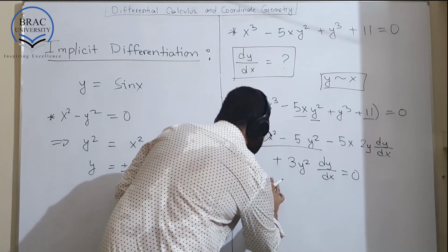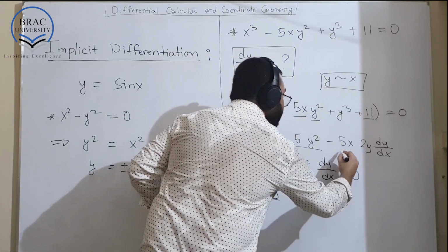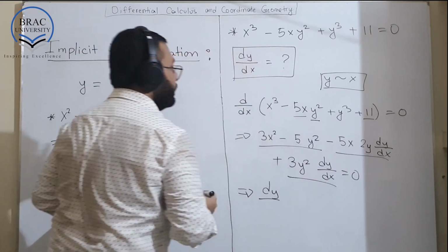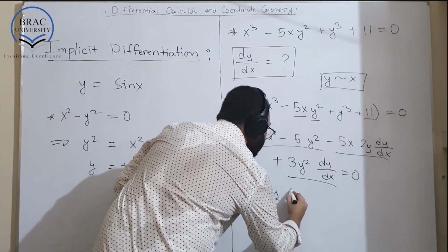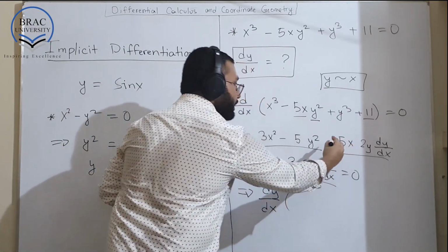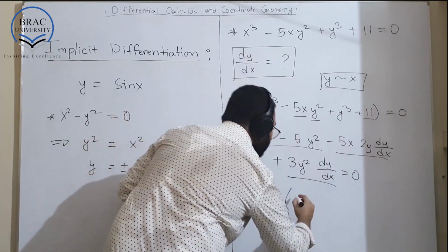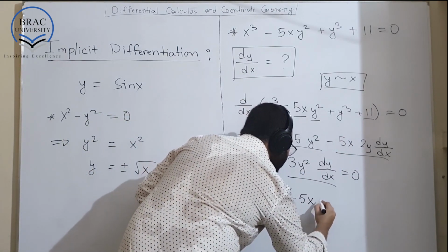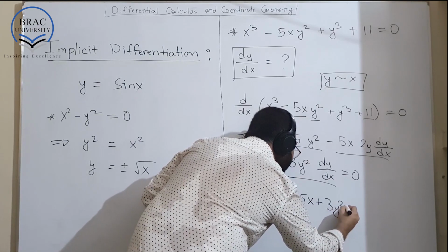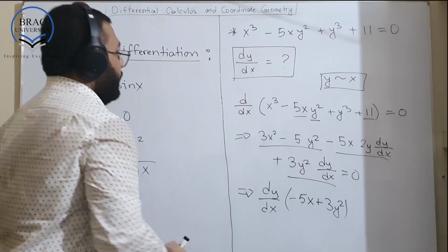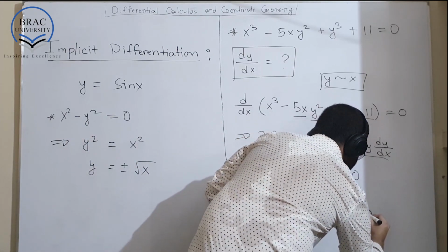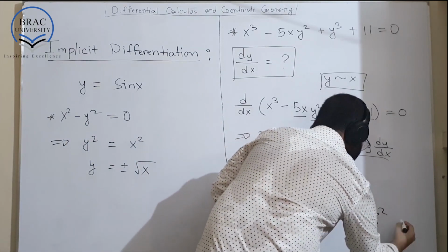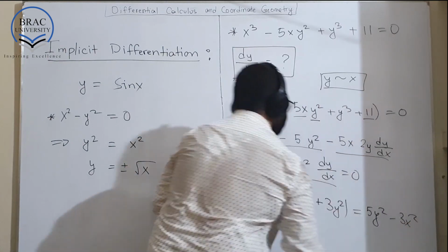And these two expressions have dy/dx as common. If we take dy/dx as common in these two expressions, we have minus 5x plus 3y squared. And if we take the other to that side, this is 5y squared minus 3x squared.